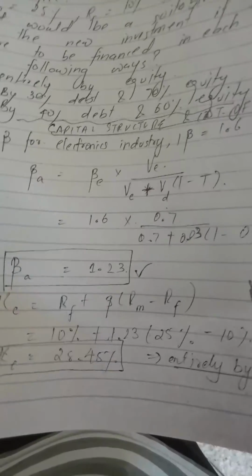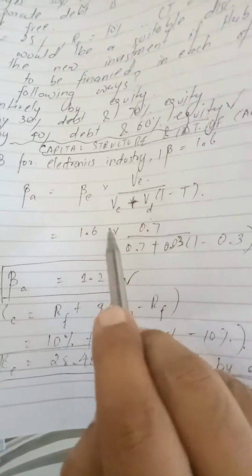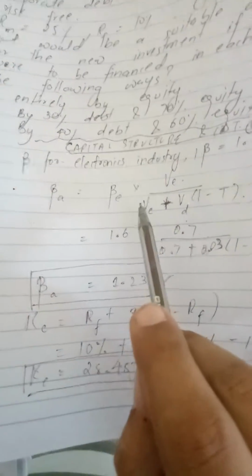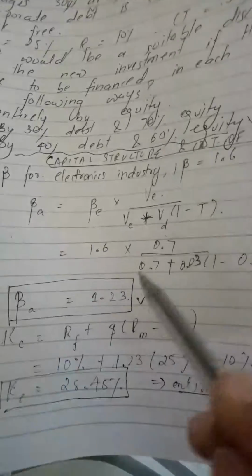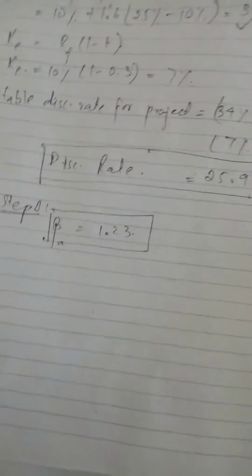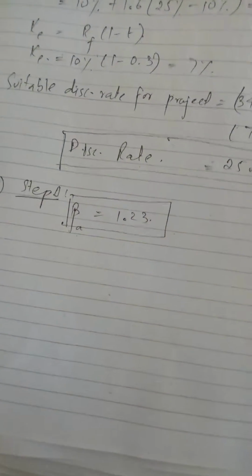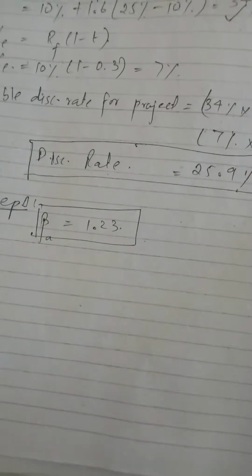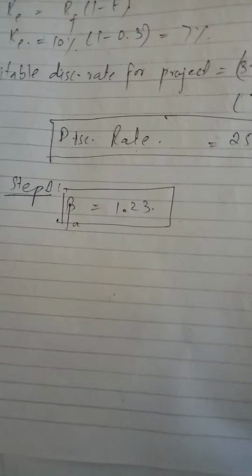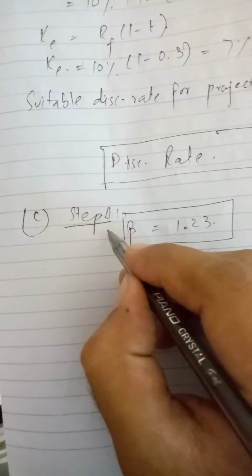Now we put the value in this equation, with the beta asset and then the beta E, multiplying to get the beta E. That is how it has to be done. So how are we going to do step 2?